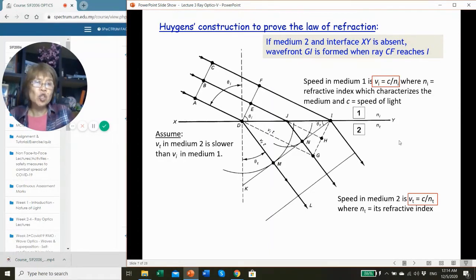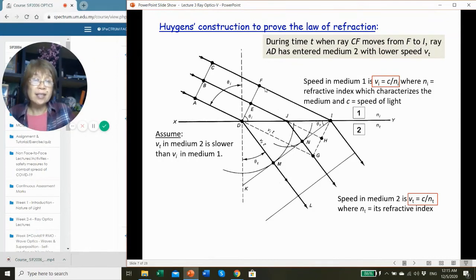And if this medium 2 and the interface XY is not there, then the wavefront GI will be formed when this ray reaches point I. And within that time t that it takes to travel from F to I, when we introduce the medium, the ray at point D would have entered into the second medium, but it is slowing down.